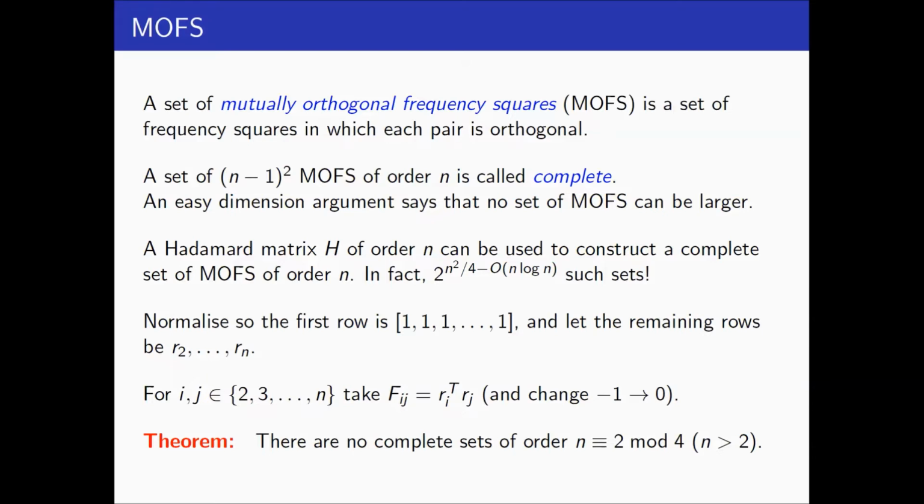You need to do something else. Actually, we proved that if there was a complete set, there's a particular resolvable design which you can show doesn't exist. And so there are no complete sets in this case, which is an interesting contrast to the Latin square case, because this is a big open problem for Latin squares, whether you can achieve the obvious bound for 2 mod 4. But here it's very simple to show you can't.